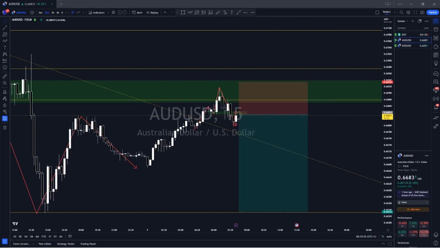Why is my chart looking weird like this? Let me set a pending order. Okay, I'll just use market execution. So, stop loss 0.66.